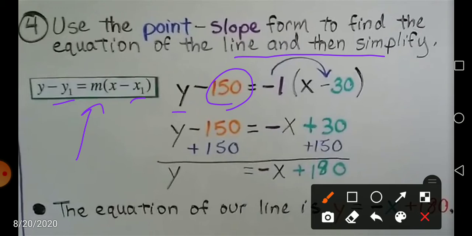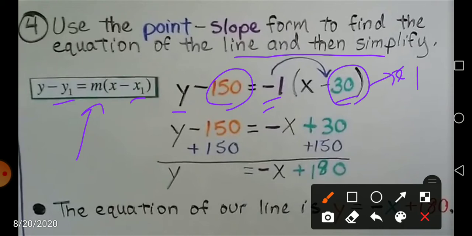I use just one ordered pair here, 150 with 30, remember? And I also have negative 1 for the slope that I got from the previous step, step 3. So negative 1 times x minus 30, where 30 stands for x sub 1.